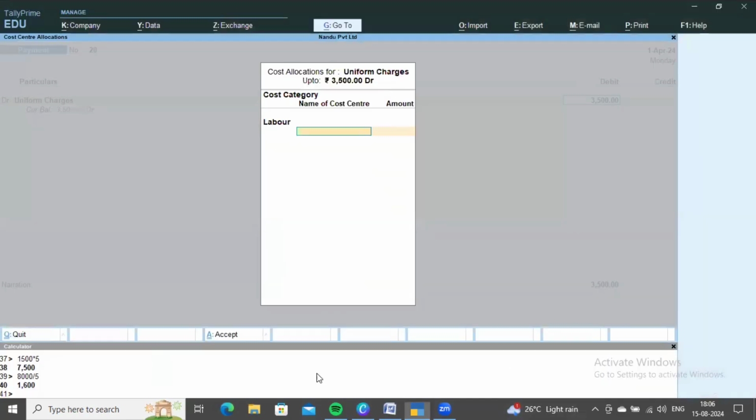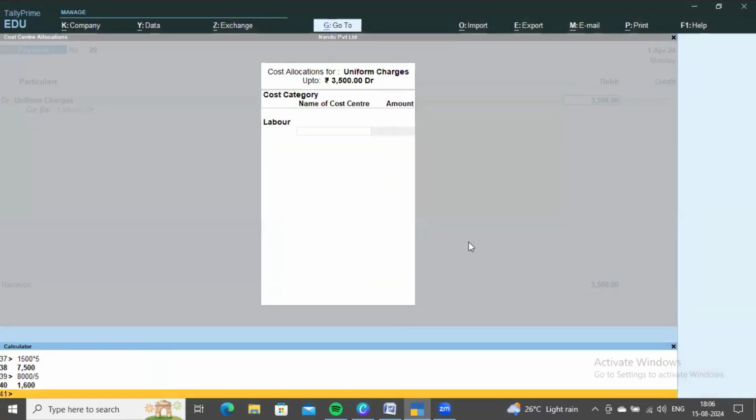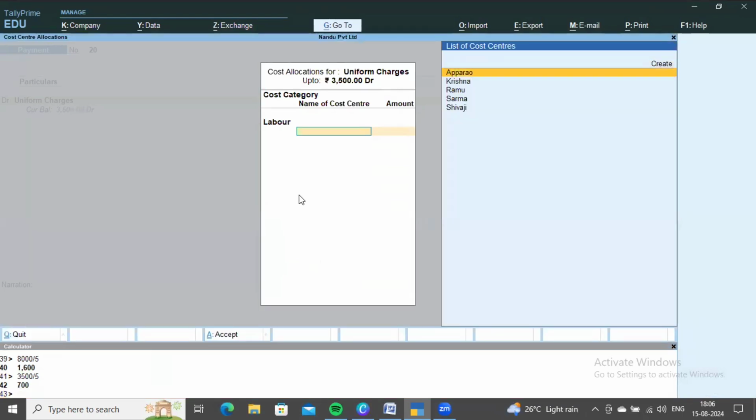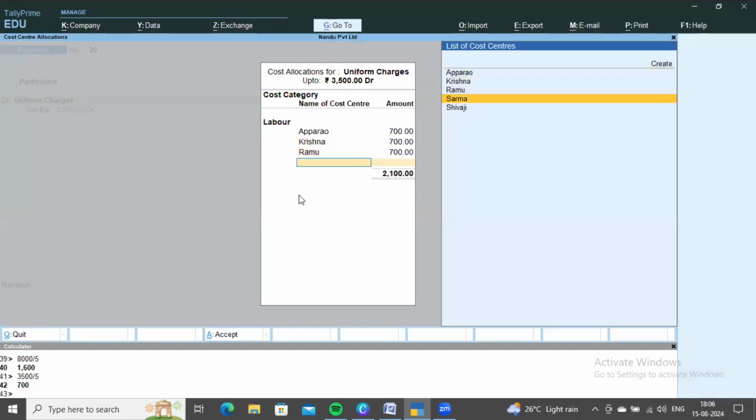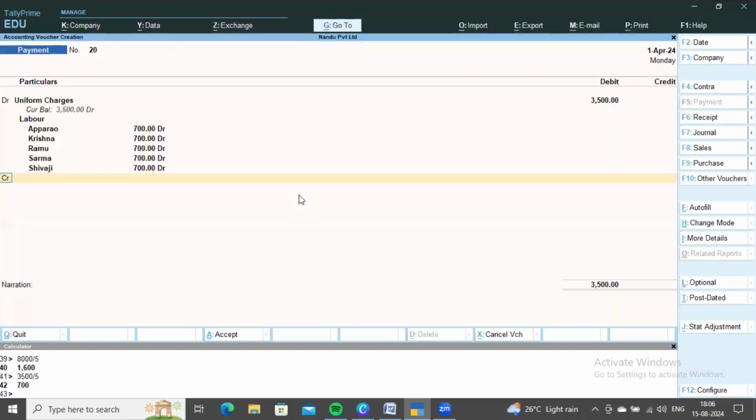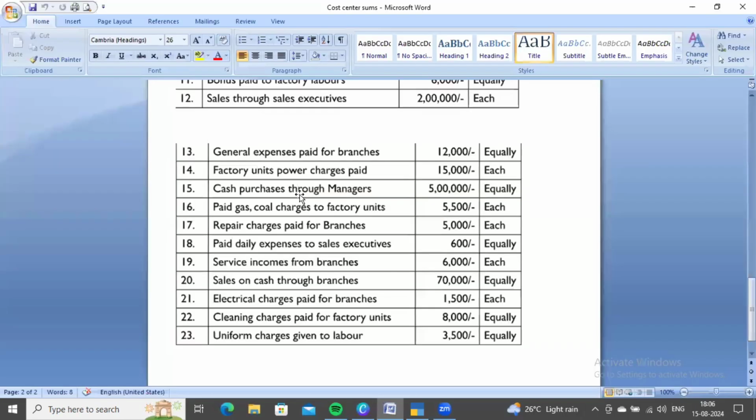There are 5 labor under the labor category, so 3,500 divided by 5 is 700 each. Assign 700 to each labor. Okay, and credit cash account as cash is going out.